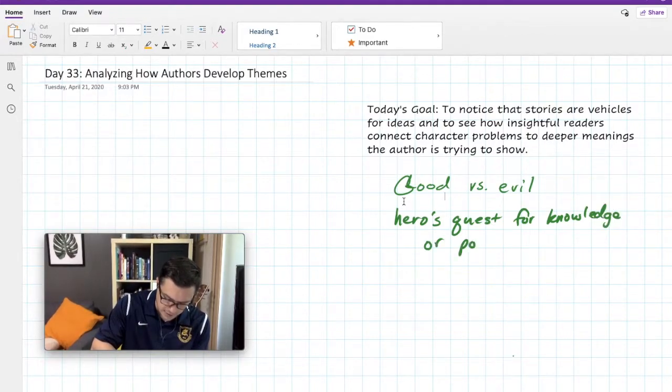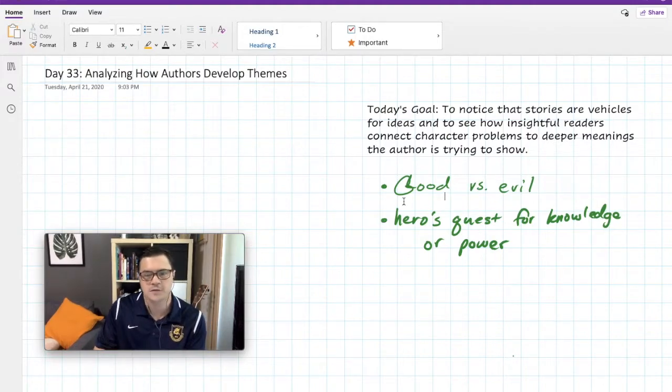For this one, I think of myths and legends, and a lot of Disney movies are like this, where the hero goes on some kind of journey, and along the way, they face some fantastic creatures or challenges.